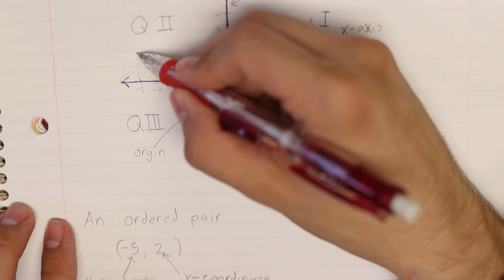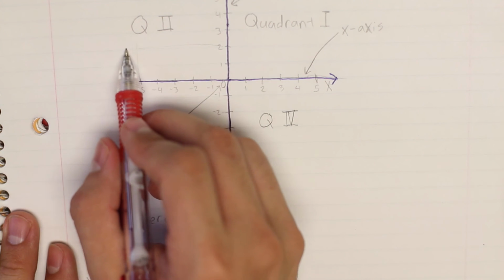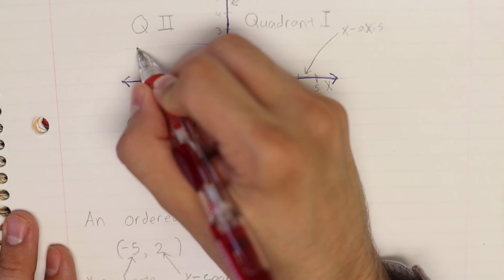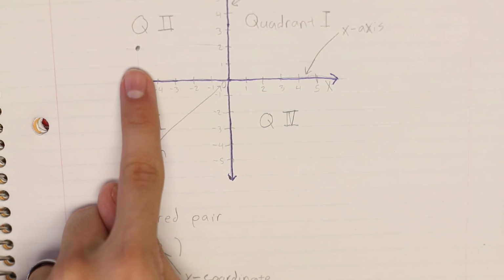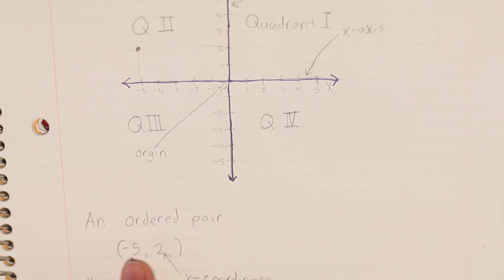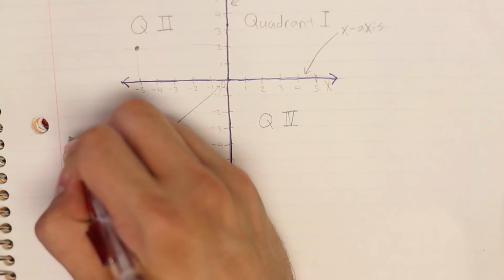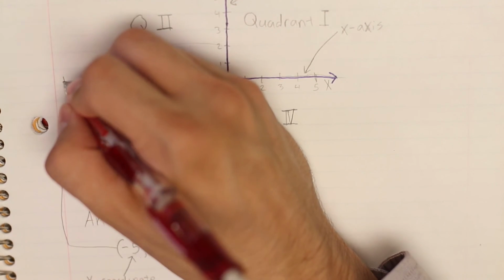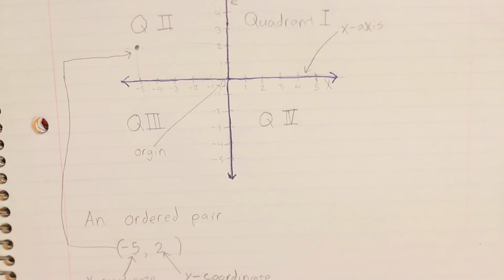So if you make a very faint line like this, and a very faint line going across like this, they meet right here. And that's where your point goes. That right there is the point -5, 2. So this ordered pair is referring to that point right there, okay?